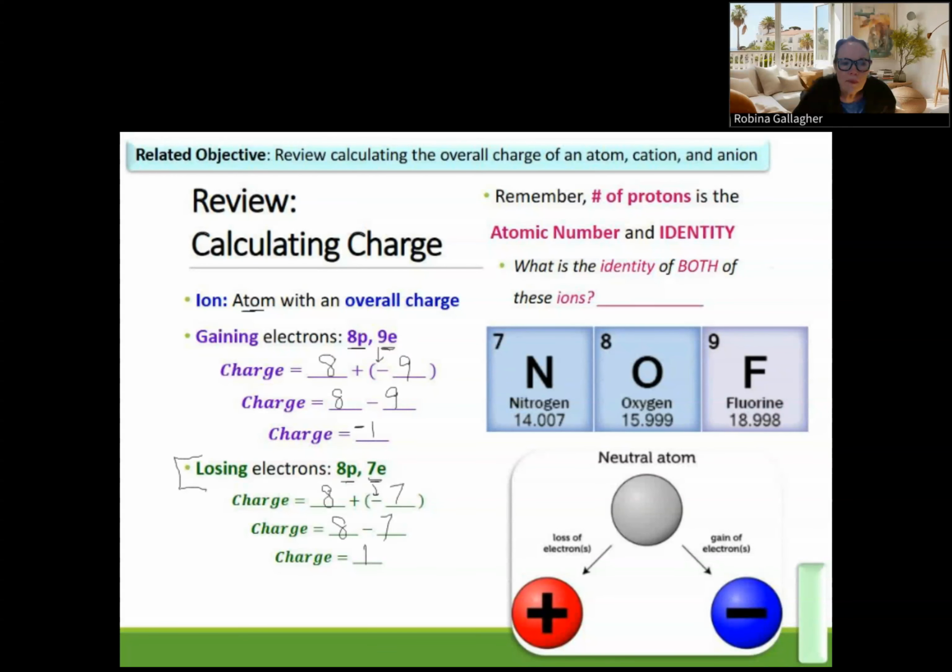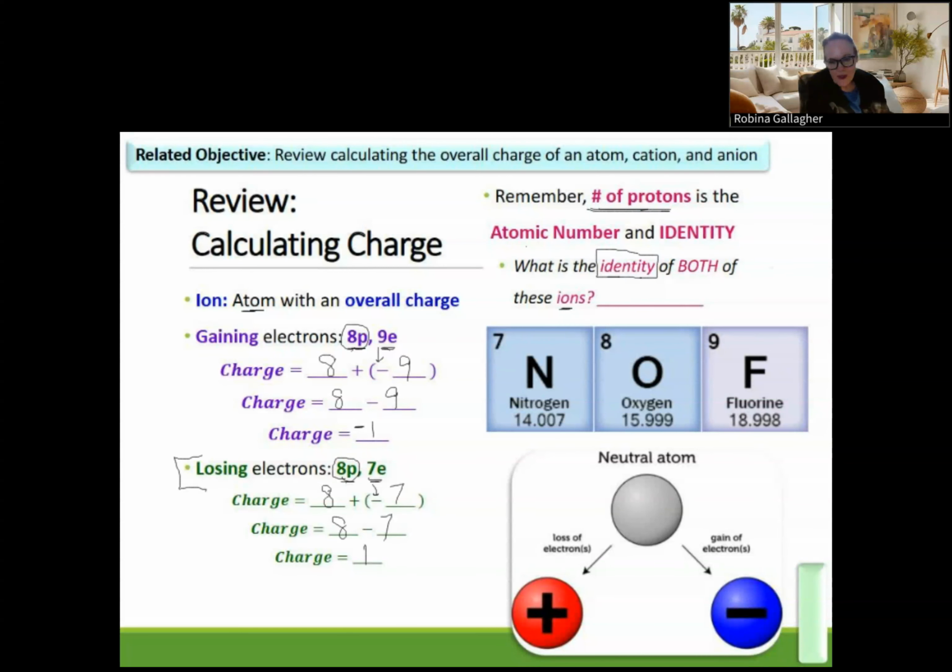Now, what is the identity of both of these ions? Do you remember how to do that? Remember, it's based off of the number of protons. What type of element is it if it had 8 protons?